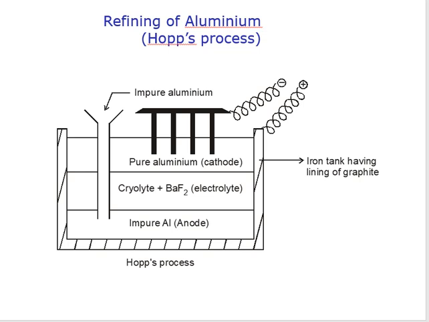However, further purification of aluminum can be carried out by the Hoope process.